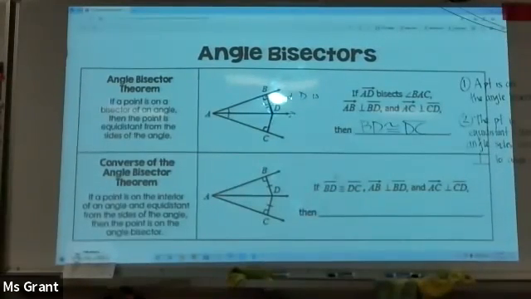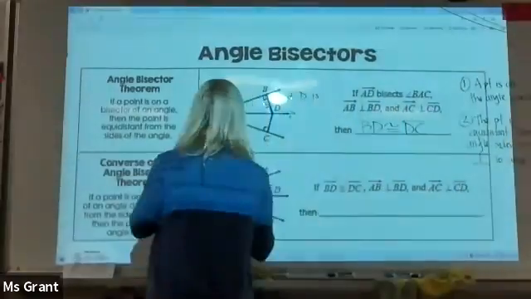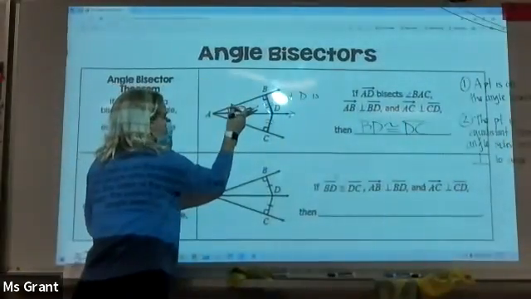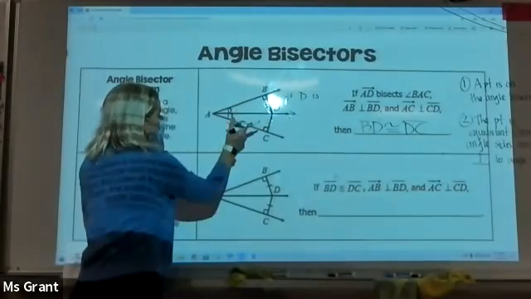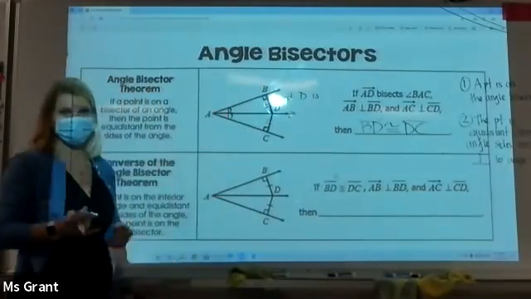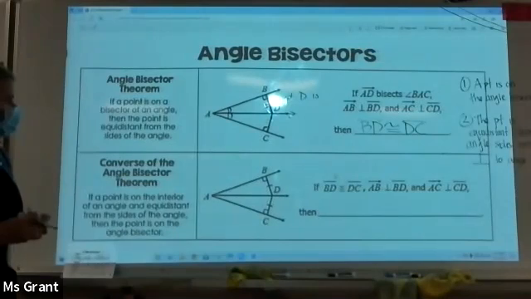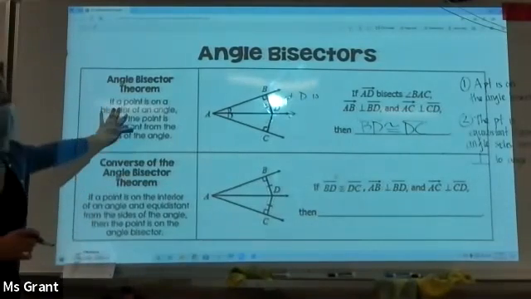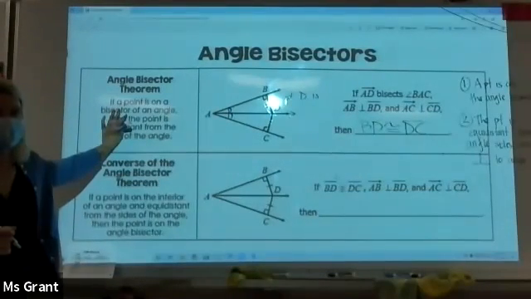So it's this line in the middle of an angle. I'm drawing an angle, and then I'm going to draw a line in the middle that cuts the angle in half perfectly. Check this out. You notice this, right? Angle bisector. That's the angle bisector theorem.